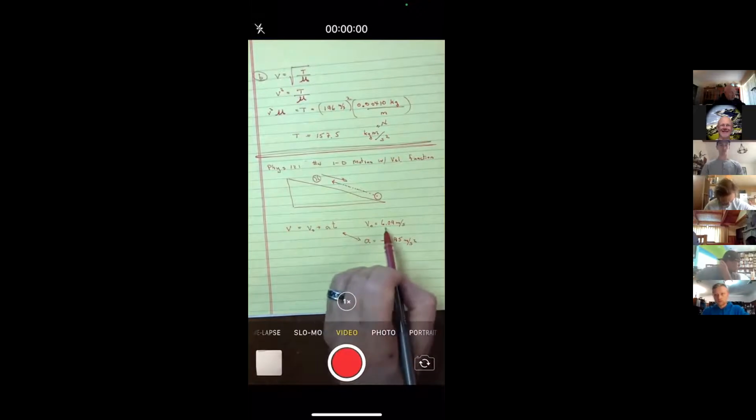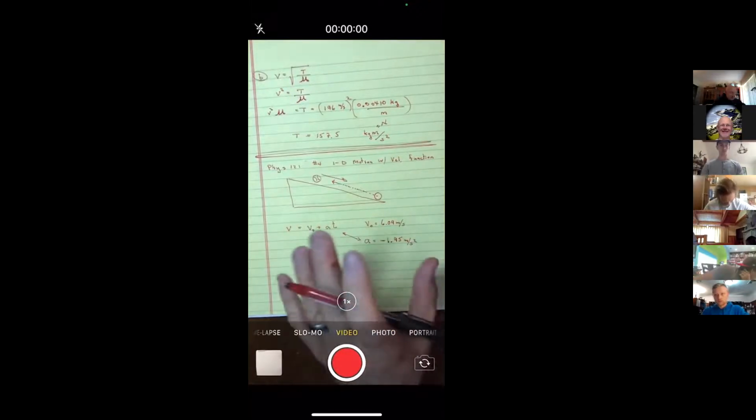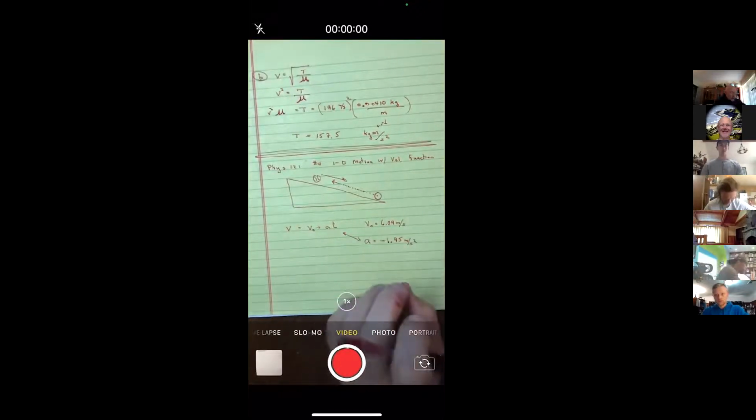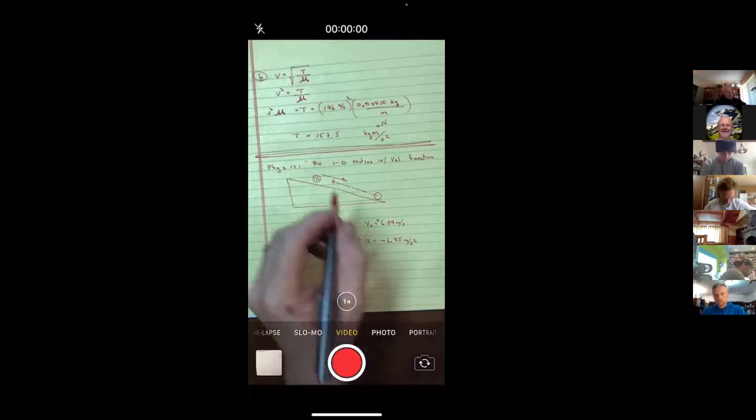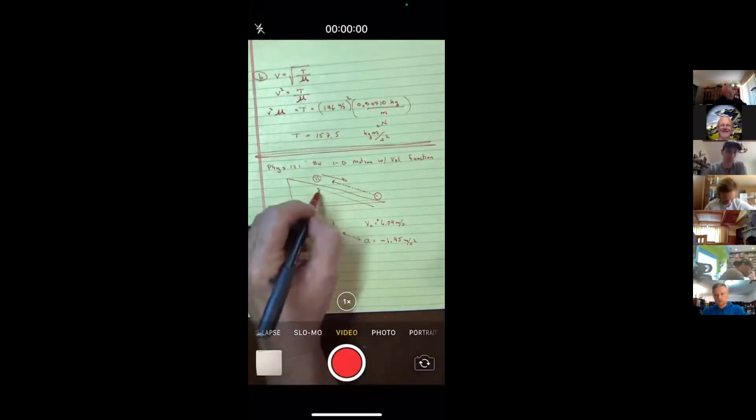Now, the initial speed, just to make sure you are reading your numbers carefully, notice it says the initial speed is a positive 6. So they're calling up the ramp the positive x direction.